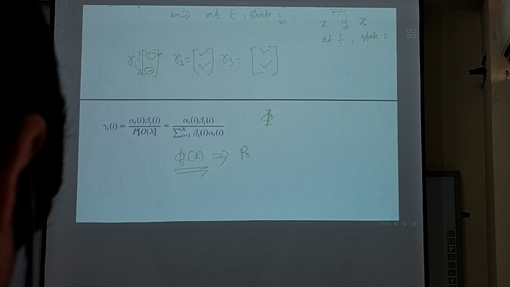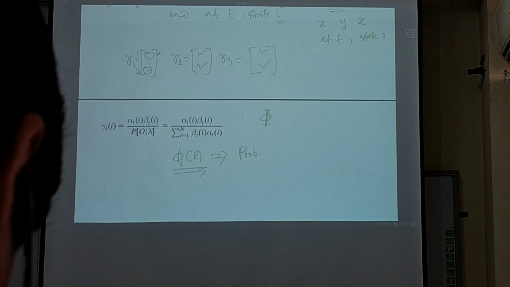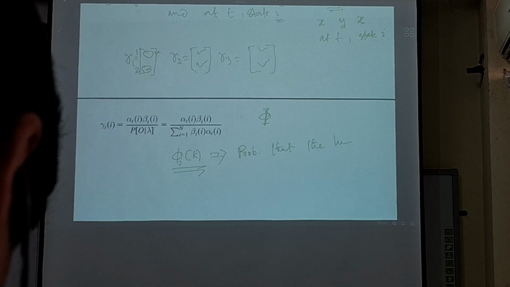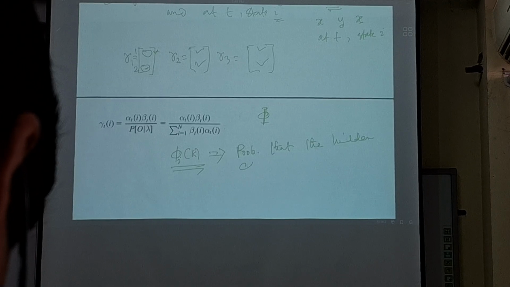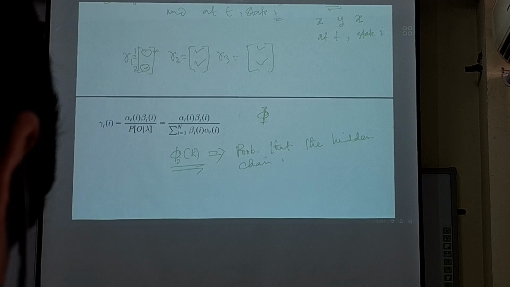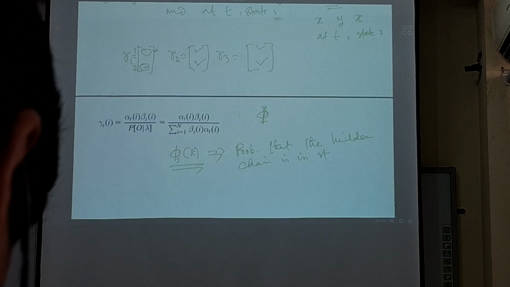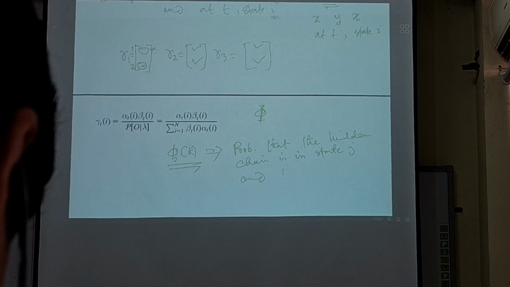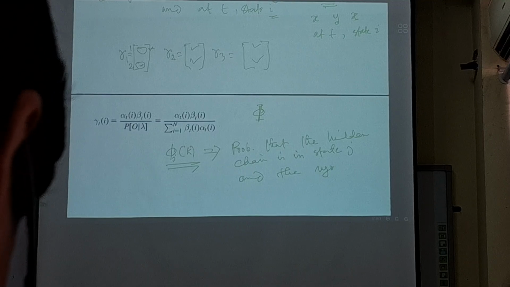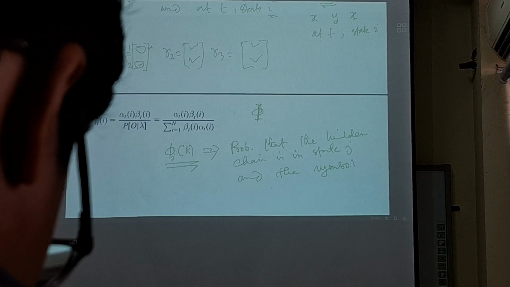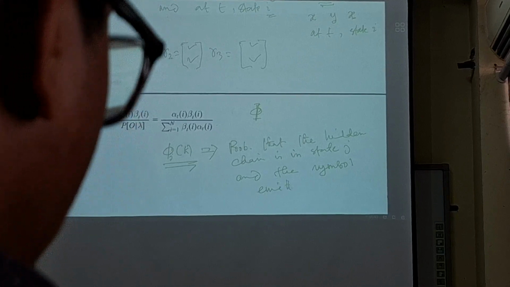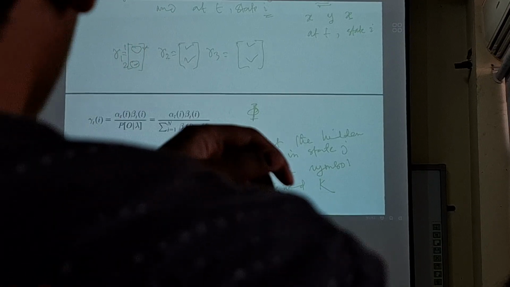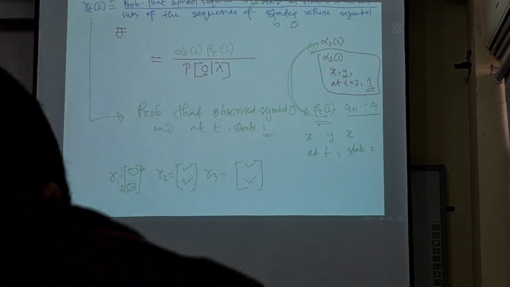It is the probability that the hidden chain is in state j and the symbol emitted is what? Right? Okay.